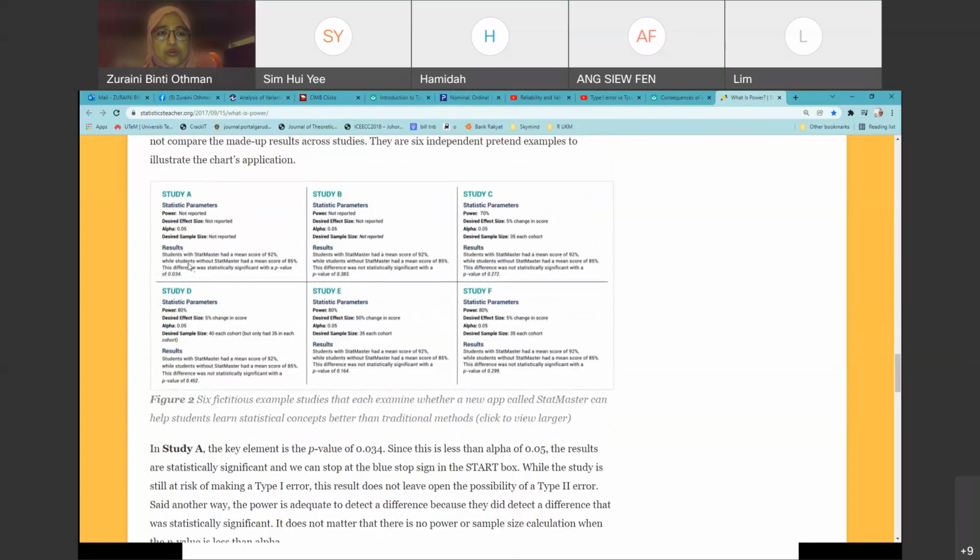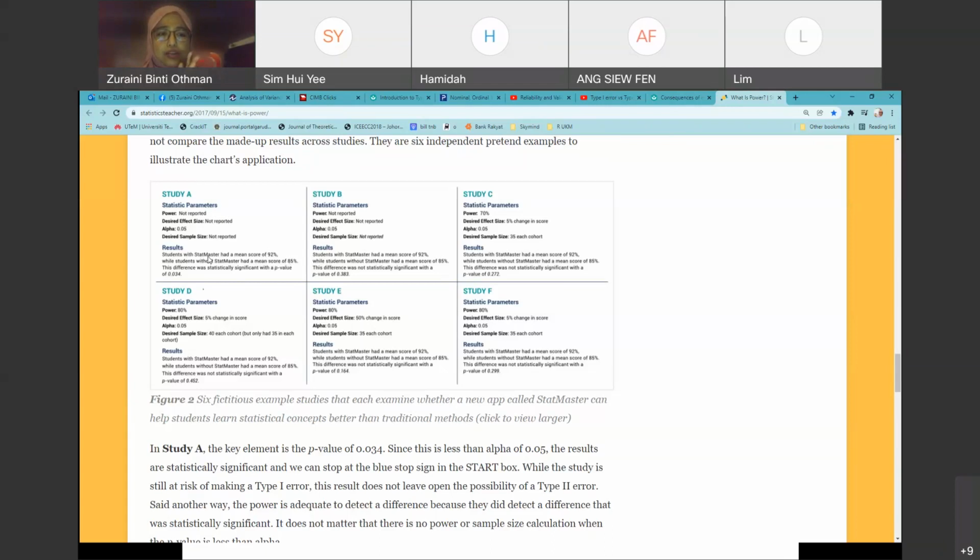You know? Okay. Actually, the p-value is about the significant difference that we want to know. From here, we found that the significance is 0.034. It comes from the mean score for Stat Master students of 92%, while students without Stat Master have 85%, so there is a difference.